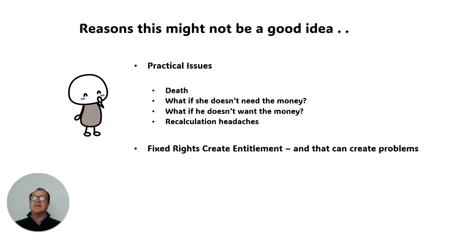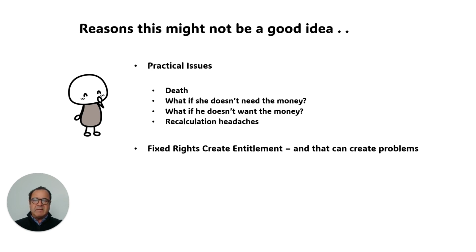We want to protect our family assets from the outside world, from attack by the outside world. We want to sometimes protect our family assets from ourselves, from the irresponsible actions of potential future generations. And when you make a fixed trust, it doesn't really do that good a job of protection.